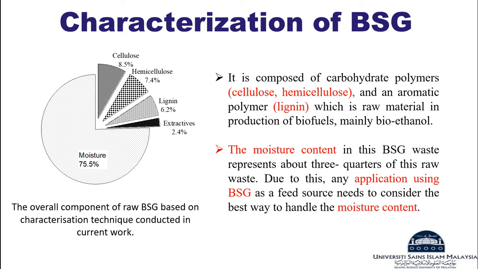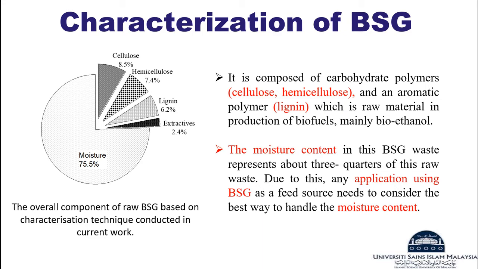Here is the characterization of BSG, and from the extraction it shows that BSG contains cellulose, hemicellulose and lignin, which are raw materials with potential for production of biofuel, mainly bioethanol. However, as we can see from the graph, the moisture content represents about three quarters of this raw waste.